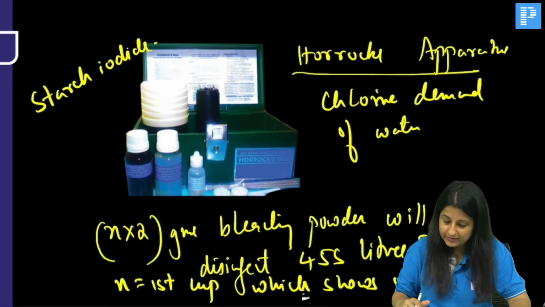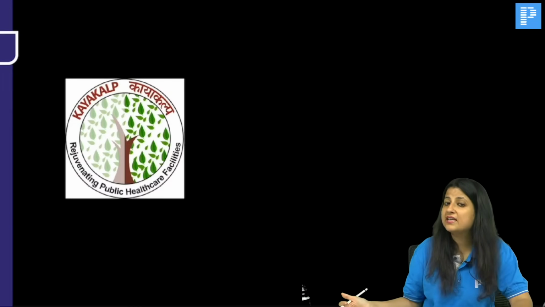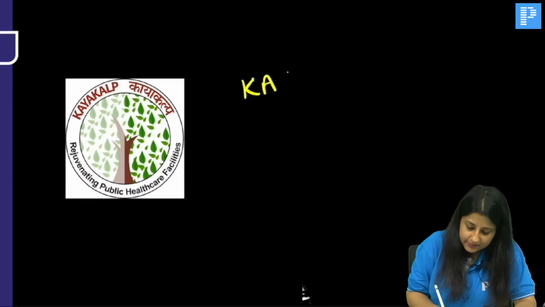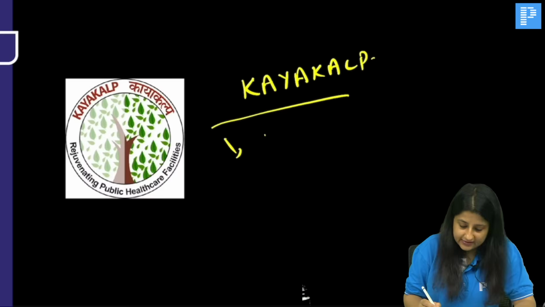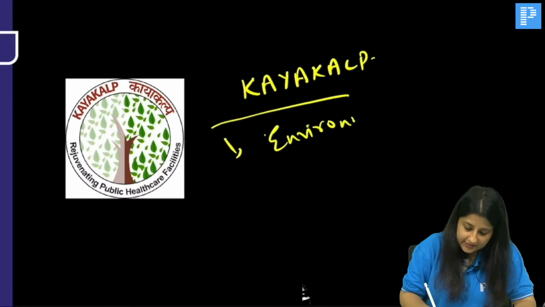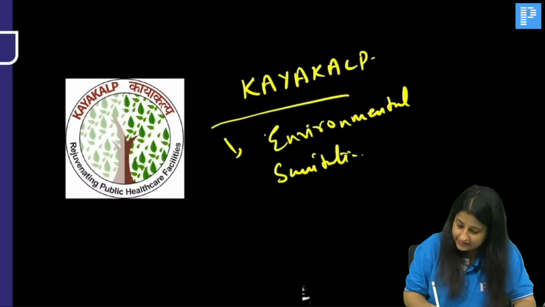This is Horrocks apparatus. What is the name of this image? Kayakalp. This is Kayakalp, and this one's meant for environmental sanitation. Okay, this is meant for environmental hygiene. You can see a tree in it, so it deals with environmental hygiene or environmental sanitation.